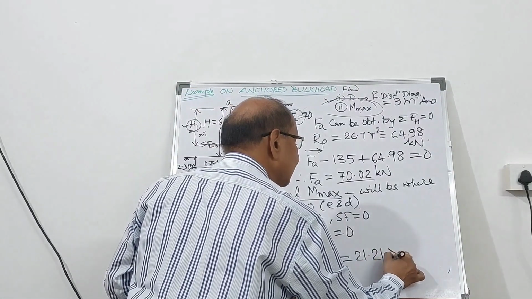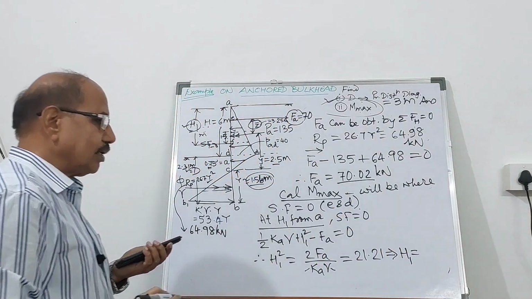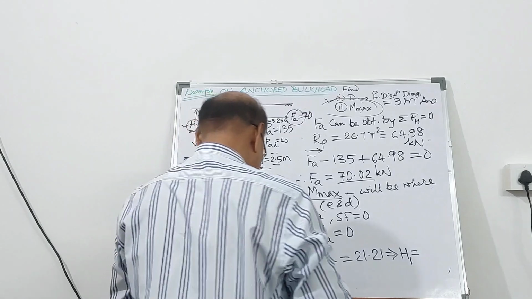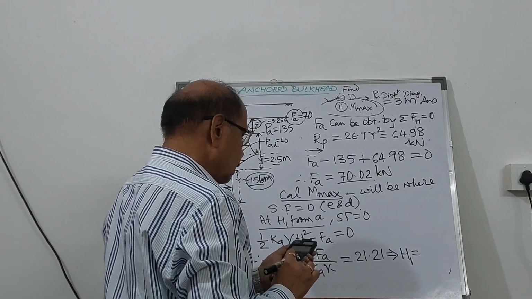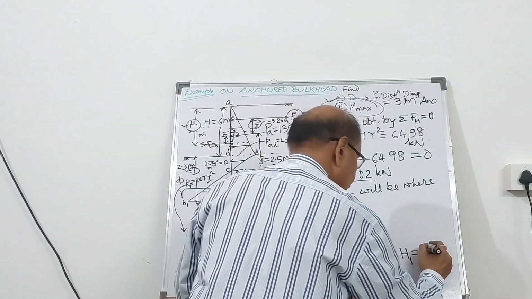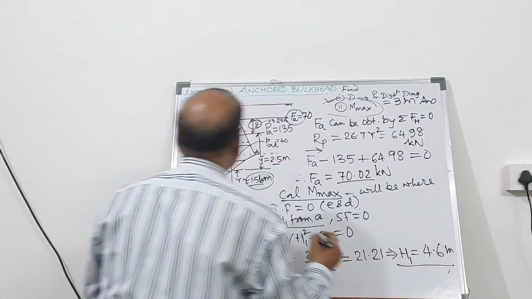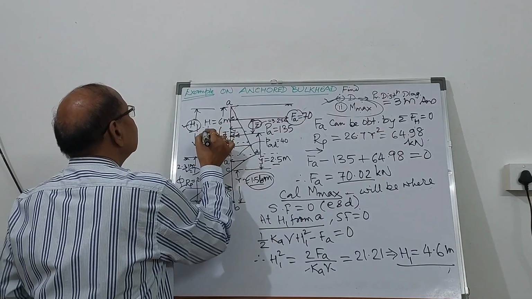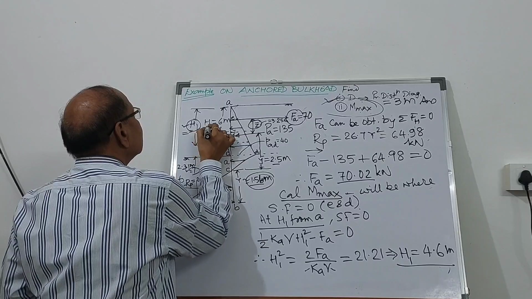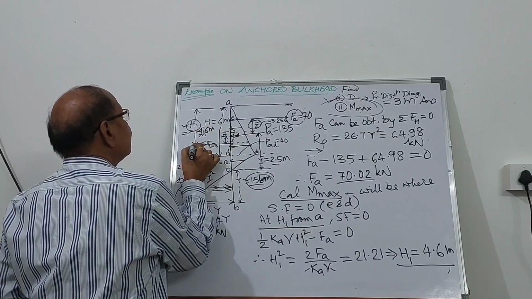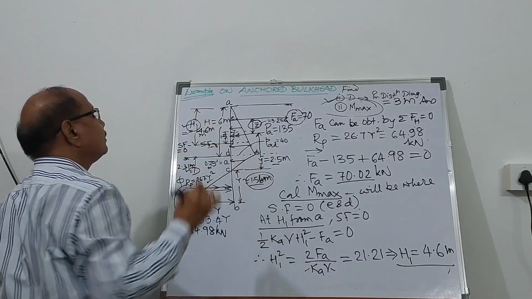Therefore, H1 will be under root 21.21. So under root 21.21 gives you 4.6 meter. So the value of H1 is 4.6 meter. Here the shear force equals 0. This is the point F.